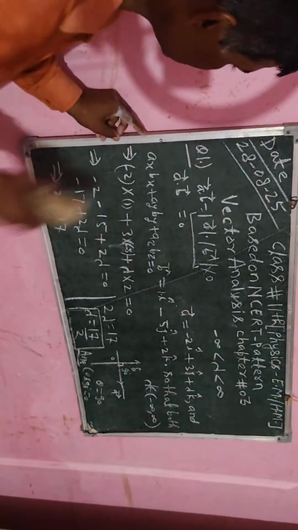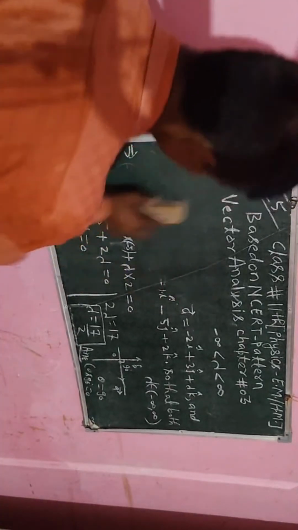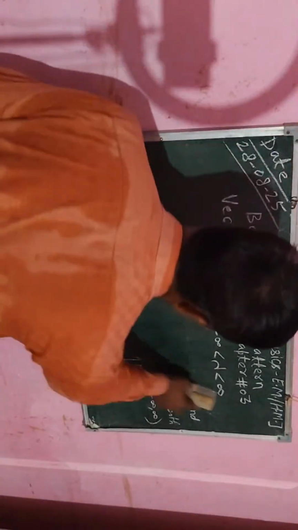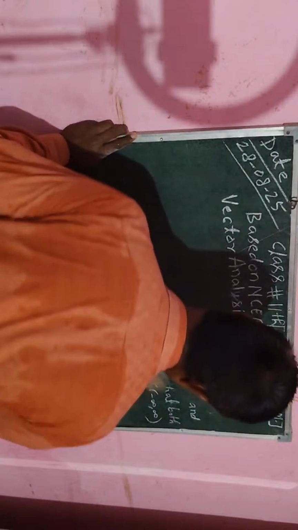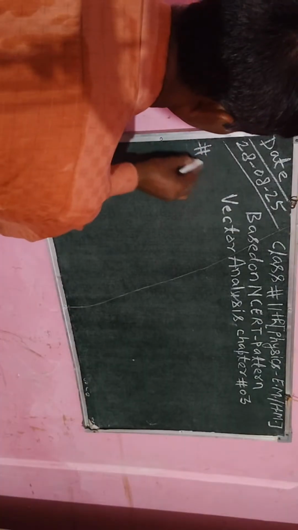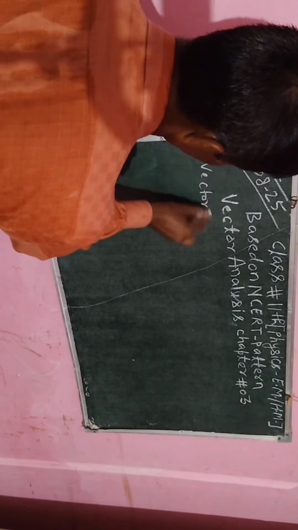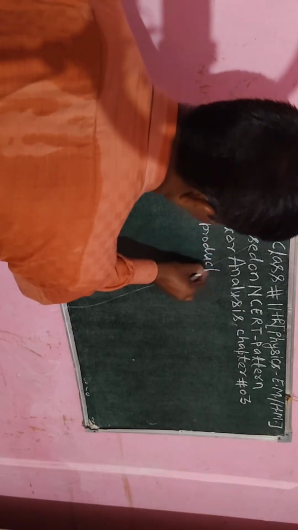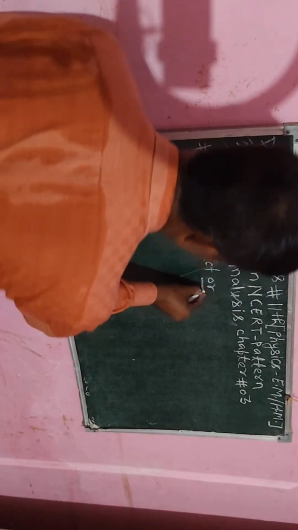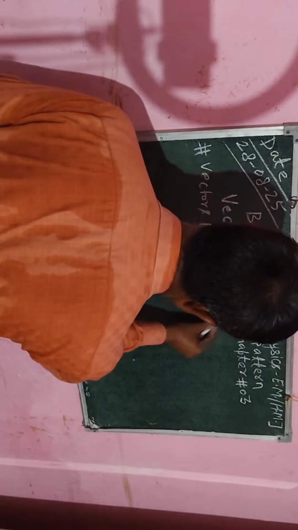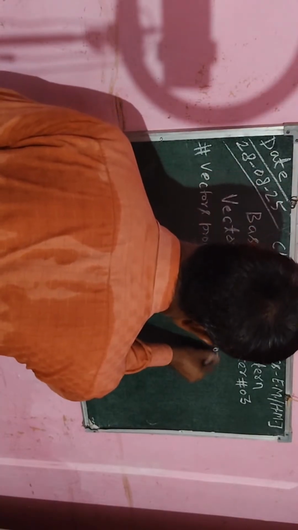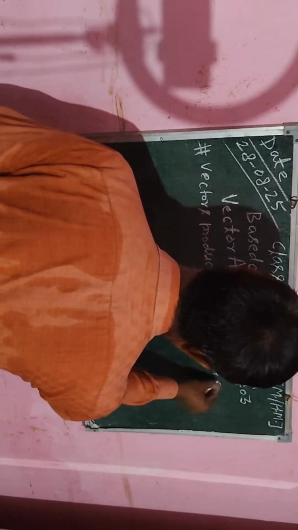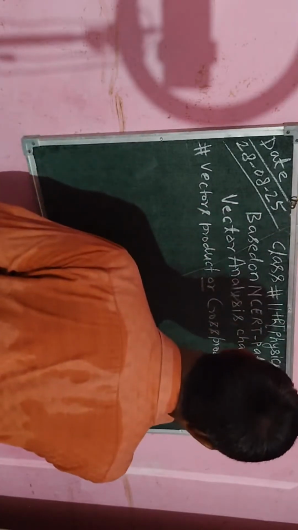Further I am going to erase it, and after erasing I will use the concept of vector product and cross product with the help of questions. Now here I am going to explain the vector product, or I have to write here the cross product of two vectors.